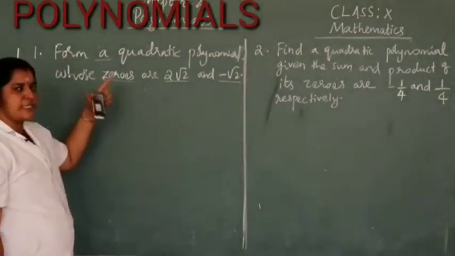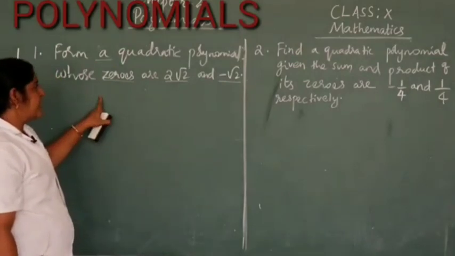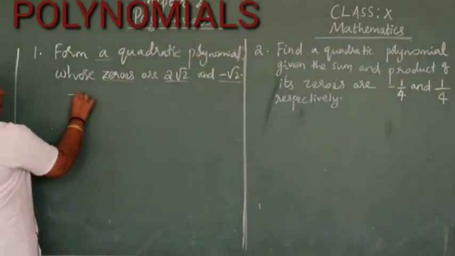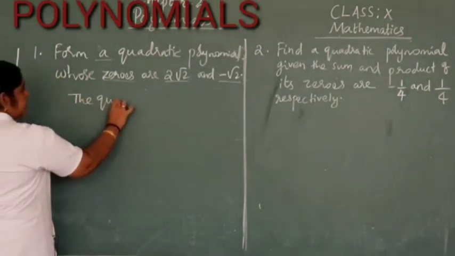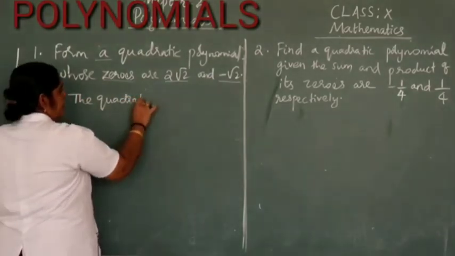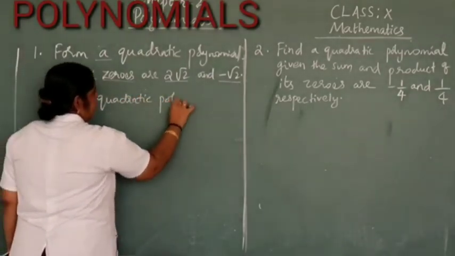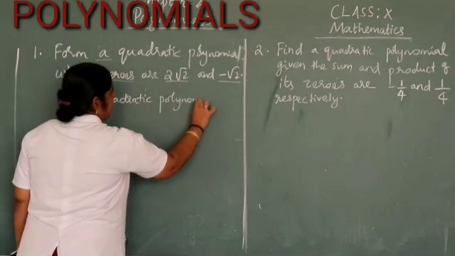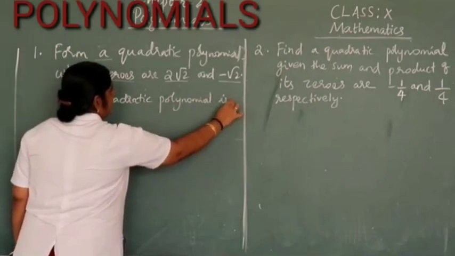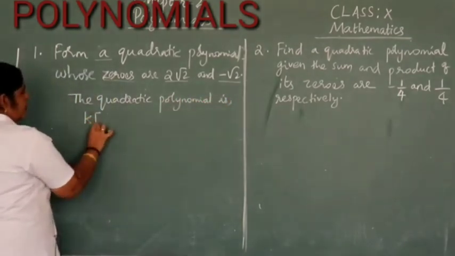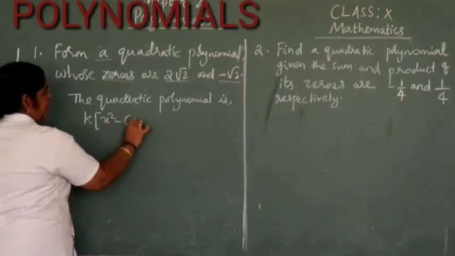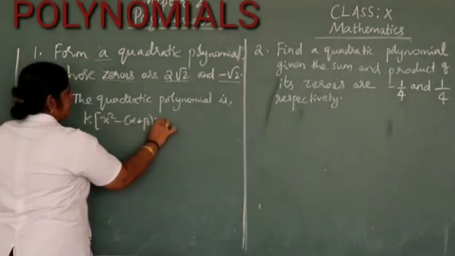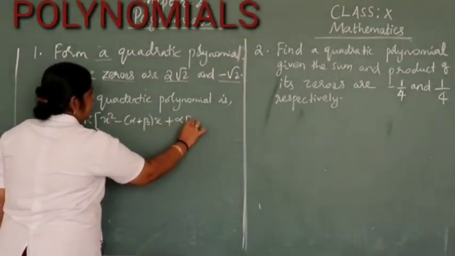As I told previously, in the general form we have the quadratic polynomial. What is the form of a quadratic polynomial when its zeros are given? It is of the form k into x square minus alpha plus beta into x plus alpha beta.